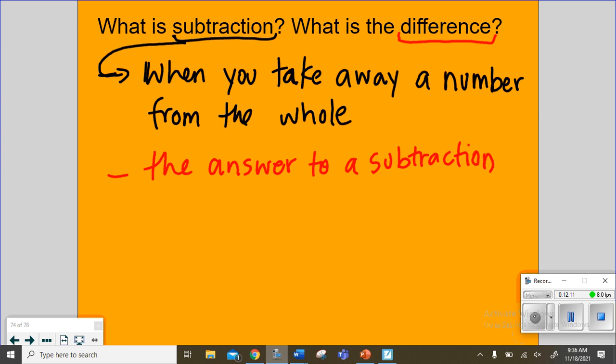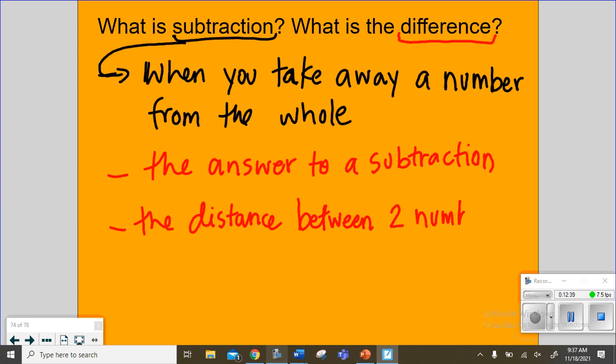The difference is the distance between the numbers, because that's what we're measuring in subtraction. When we subtracted for number talk, this piece right here is our distance between those two numbers, our difference. The distance between two numbers.